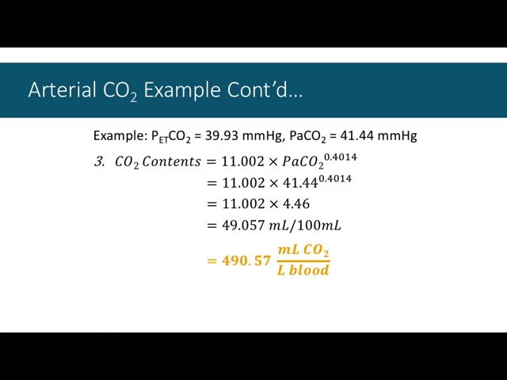That's the number I'm going to carry forward and use in the equation to calculate cardiac output. And it will become clear when we do that final calculation why I made this switch now to liters of blood, mils per liter of blood.